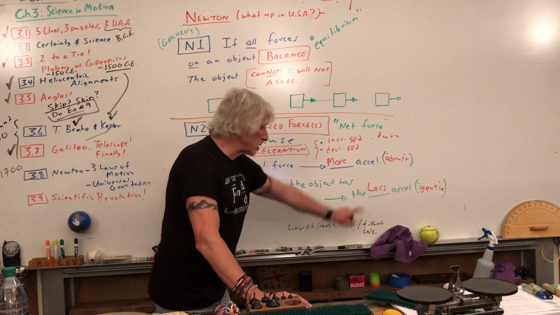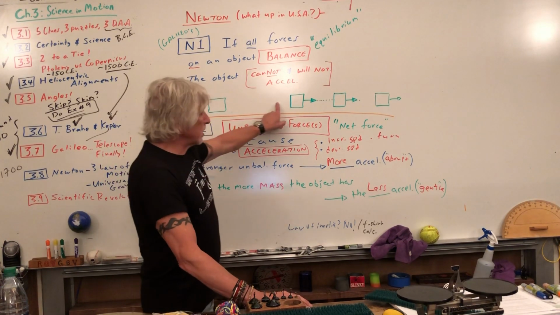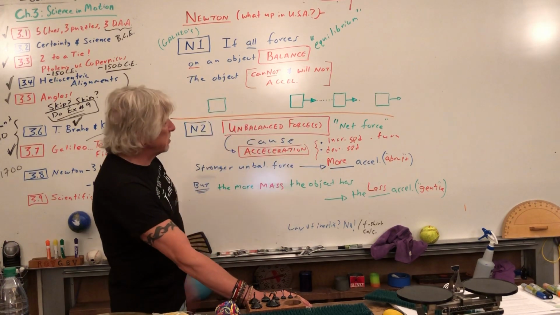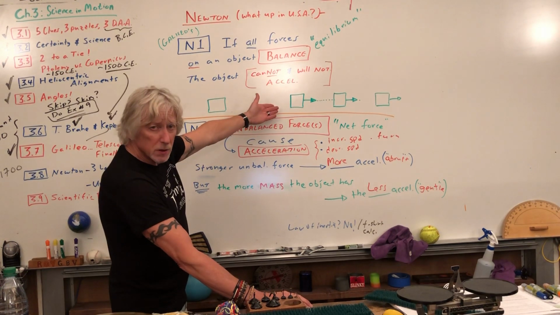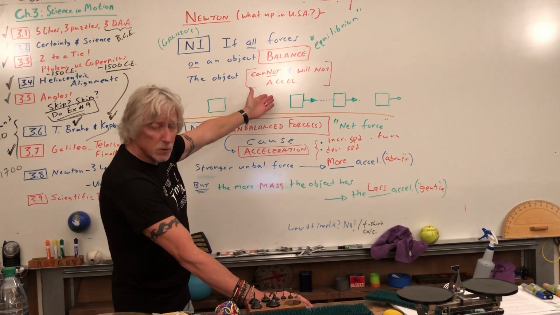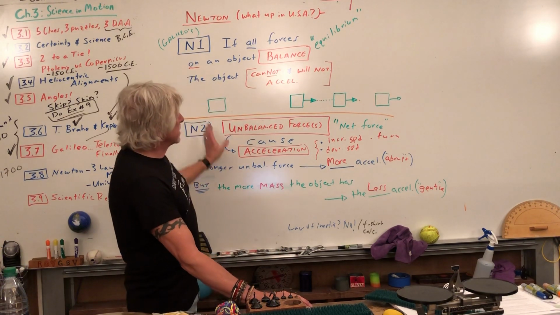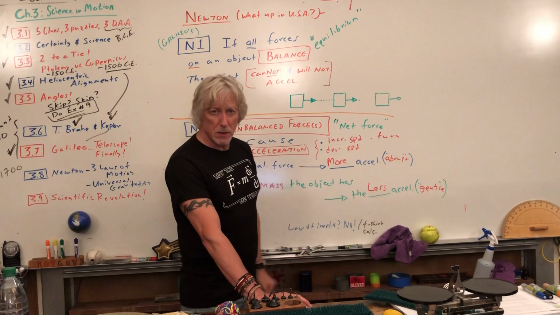Less mass, more acceleration. Does this depend on mass? This could be the kid. This could be a ping pong ball. This could be an elephant, a truck, a motorcycle, whatever. This is completely independent of mass.